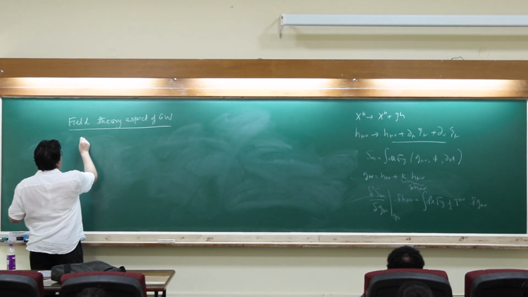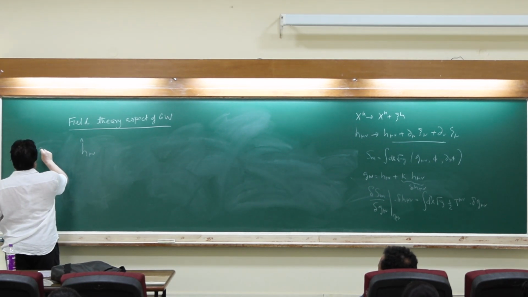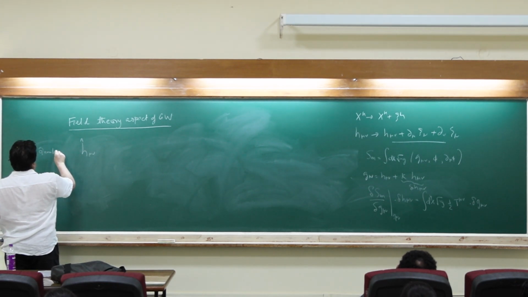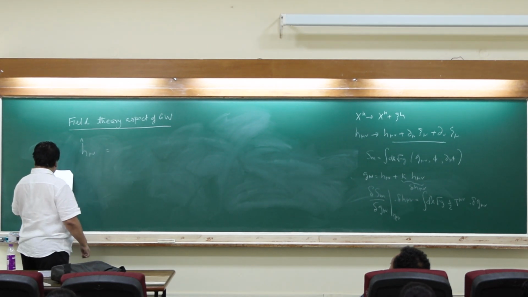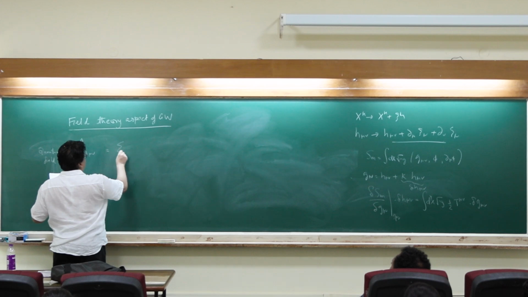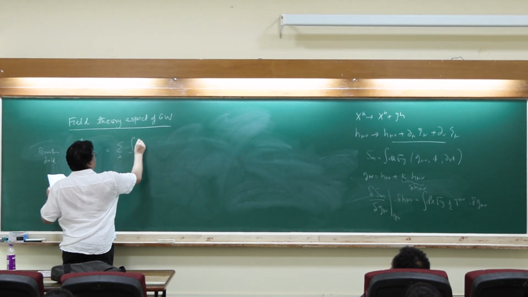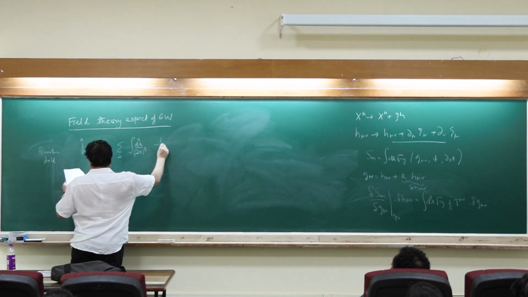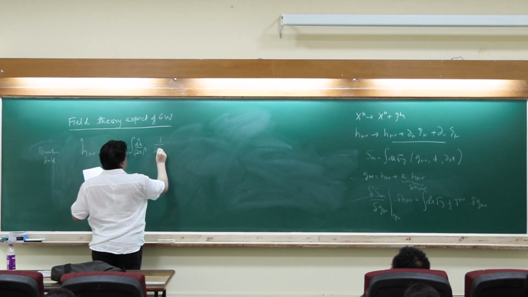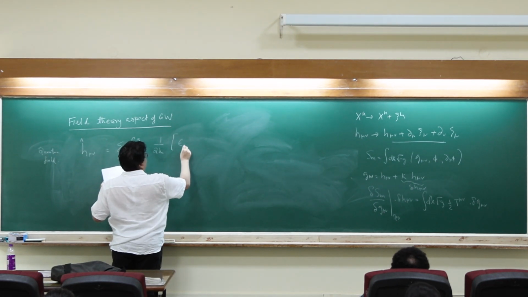So now, supposing this is a quantum field, you have to write it in terms of, I'll just write, this is the polarization. I'll just write it down and then I'll explain.